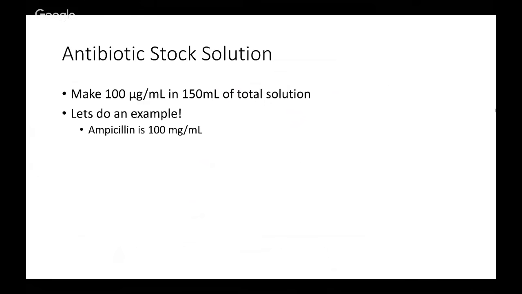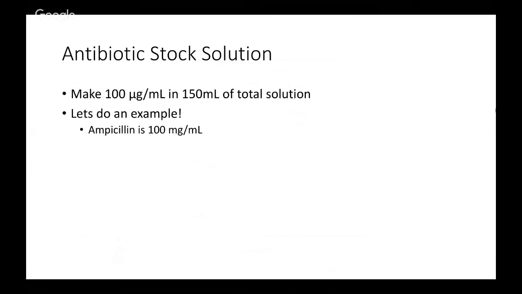Okay, so let's do an example. So we want to make 100 micrograms per milliliter. The reason why I say 100 micrograms per milliliter is because this is also an industry standard, only because scientists are really lazy and we don't want to do too much maths.